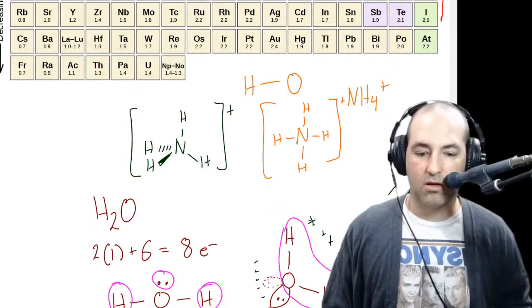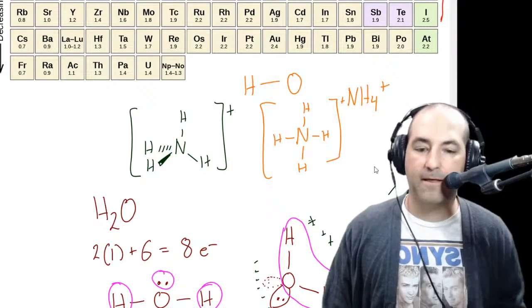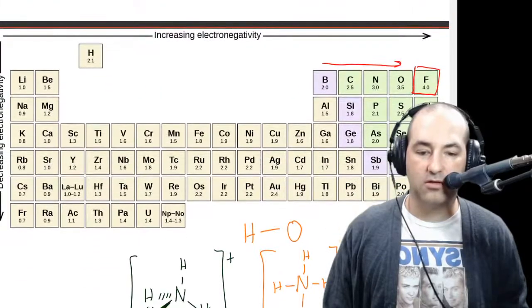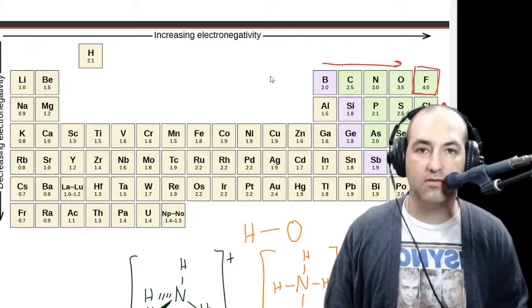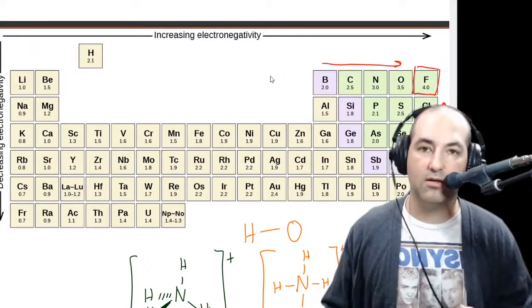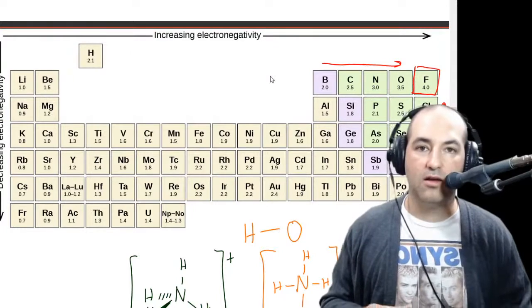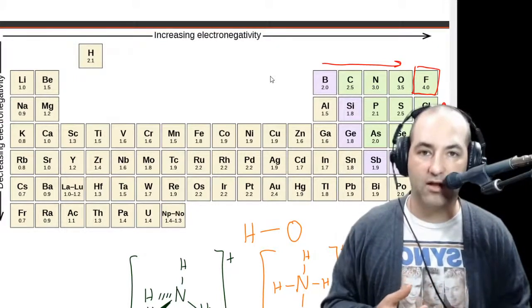Good question. So Brandy asks, how do you know one side is positive? You look at the electronegativity values. The lower electronegativity is more positive and the higher electronegativity is more negative. And if that difference is more than 0.4, then we say yes, the electrons are pulled toward the value with the higher electronegativity.